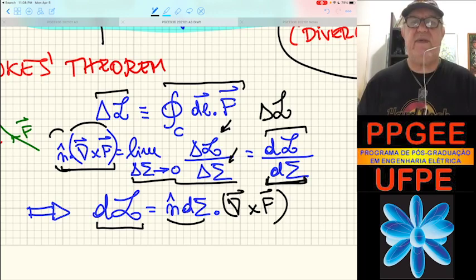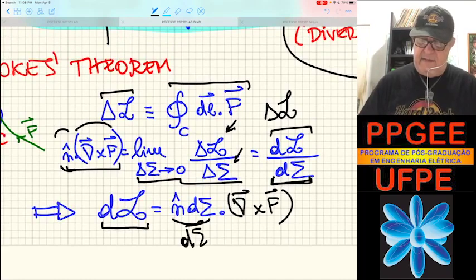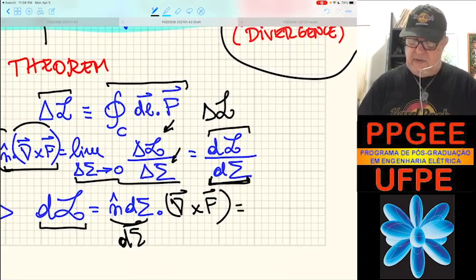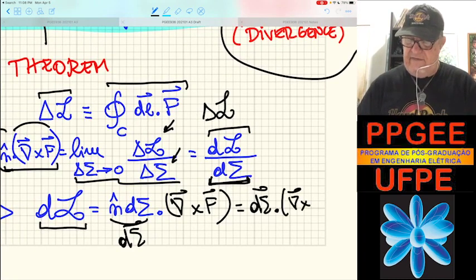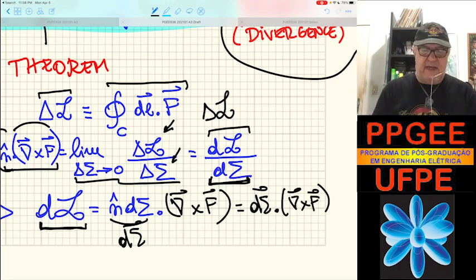So that's how we do it. So this is delta sigma dot curl of F. There's a recipe to calculate microcirculation.